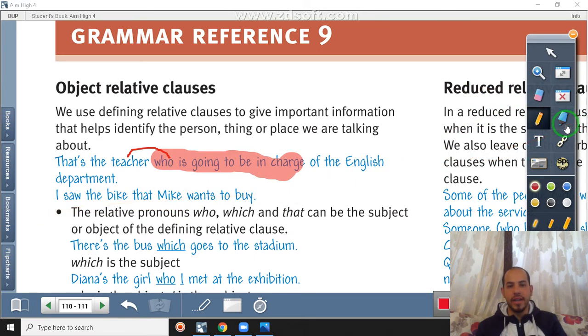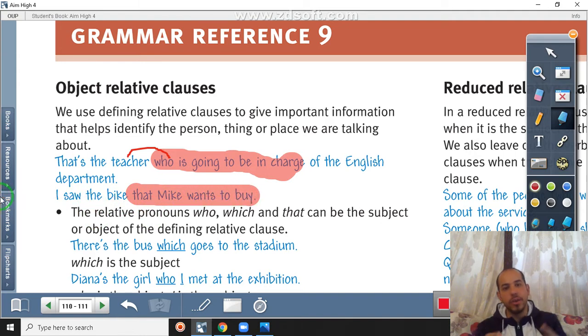I saw the bike that Mike wants to buy. I saw the bike is a sentence, but I don't know which kind of bike, and what do you mean by the bike, because I don't know the bike. So you are identifying the bike by the relative clause which starts from that Mike wants to buy.